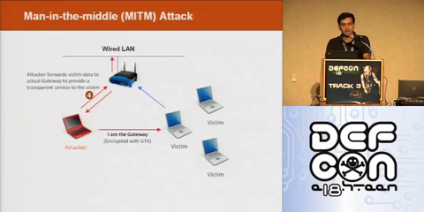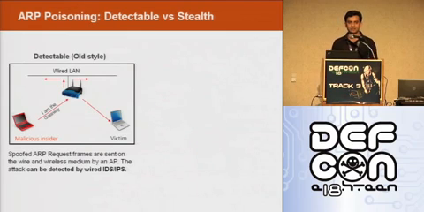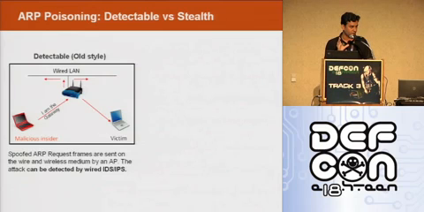Now one can ask, what is the difference between this and the old style, conventional ARP spoofing attack? No matter if you are using a WPA2 network, I can always use an ARP spoofing attack. I can always launch an ARP attack to do man in the middle. So in this old style ARP spoofing attack, your packet first goes to the access point.